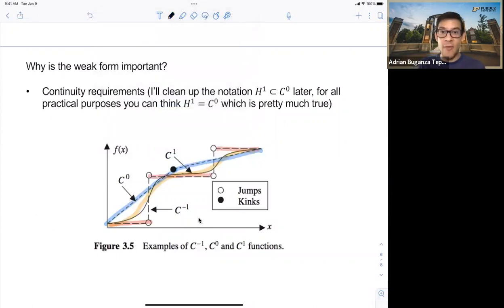for the original form of the PDE, we need C1. So C1 is needed for the strong form, because you need to take second derivatives.